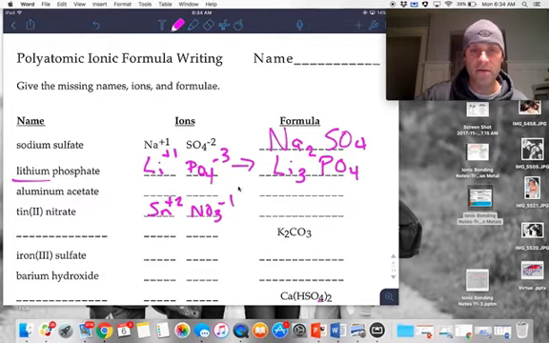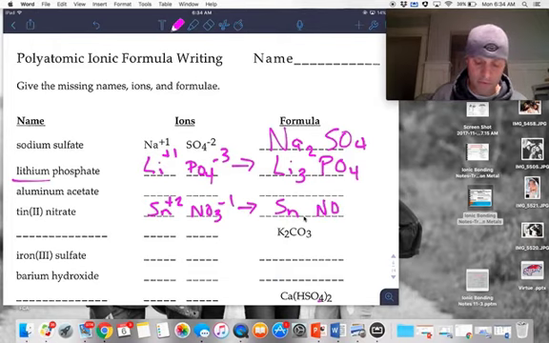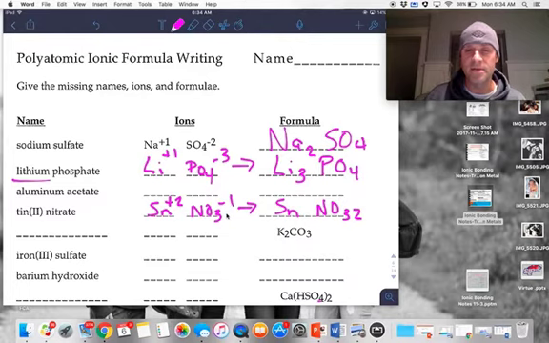Now looking at those, I know that those are not going to balance. I have to drop and switch. So I'm going to go Sn. This 1 is going to drop and switch to the Sn. I don't ever need to write in 1s. And then I have NO3, and this 2 is going to drop and switch. Now if I put the 2 down here, that gives me NO32, which would tell me I have 1 nitrogen and 32 oxygen.